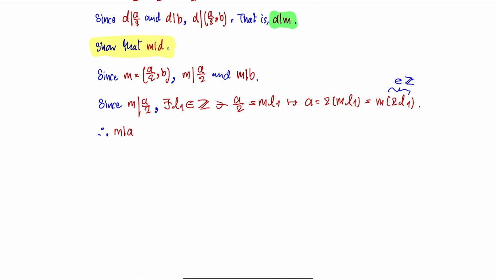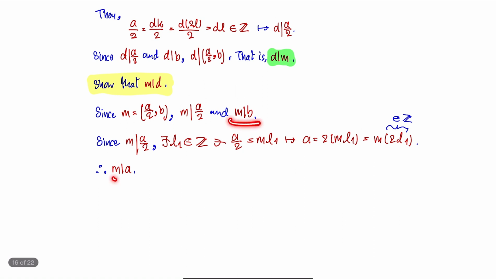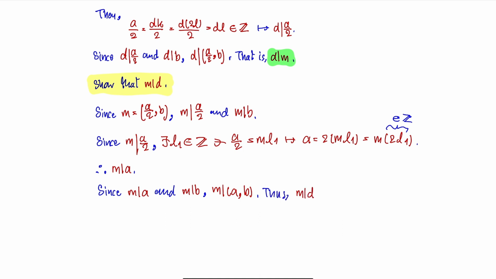Once we have m divides a, and we also have m divides b, we're going to have m divides the greatest common divisor of a and b. That means that m divides d.